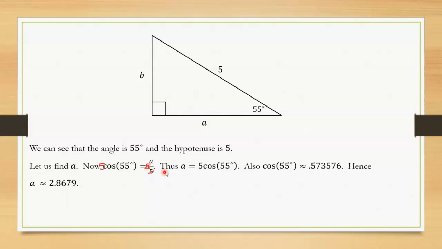These 5's cancel. We get A, I put the unknown on the left side, is 5 times cosine of 55 degrees. And so we use the calculator for the cosine part, and we get A is approximately this. You just take cosine of 55 degrees and multiply by 5. Okay, any questions on this?